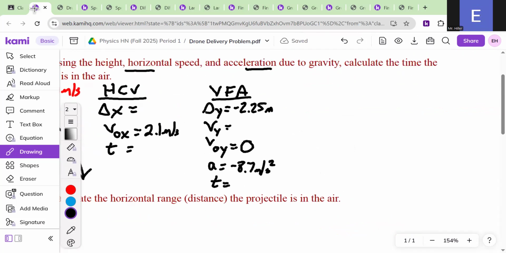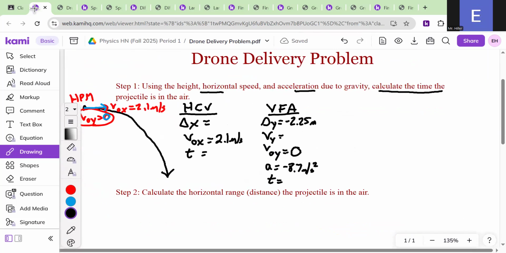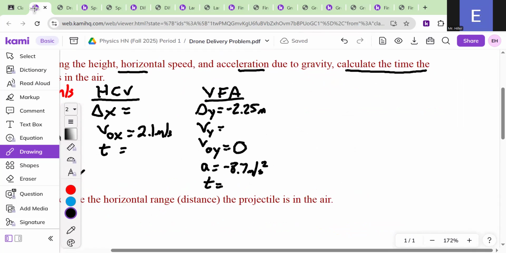Okay, well, the first thing we're going to do is calculate the time that it takes to get in the air. So to calculate the time, it's going to depend on what you have. If you have the horizontal distance, then use this equation here. The equation for horizontal distance would be delta x equals V naught x times t.